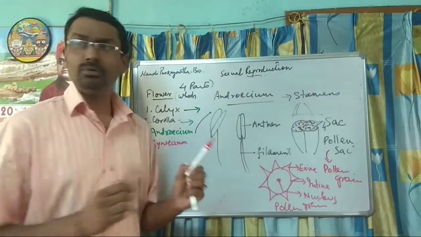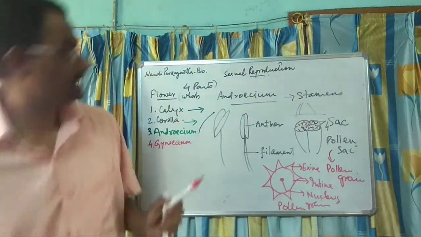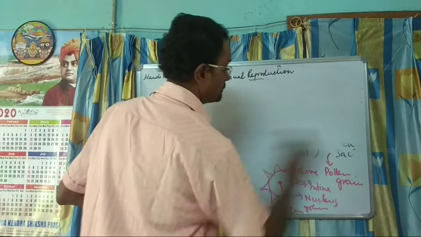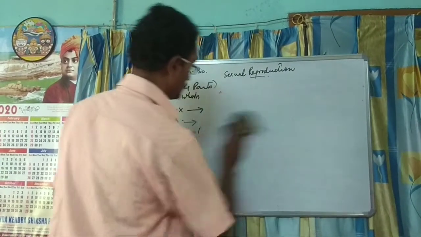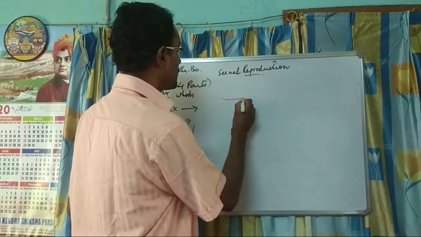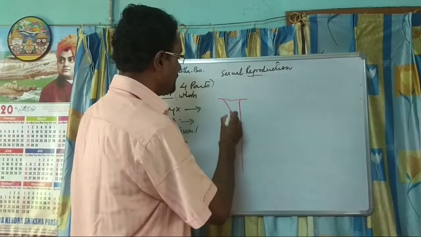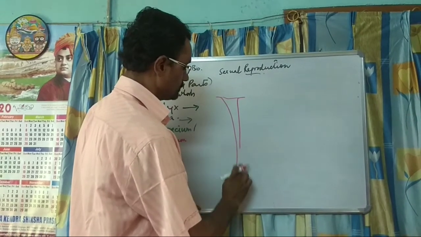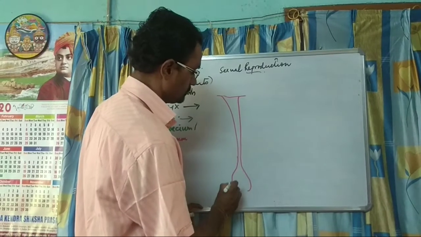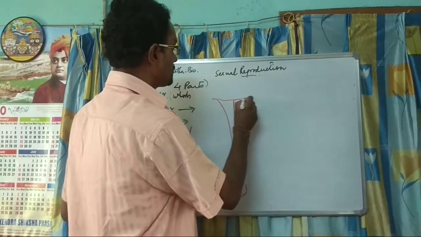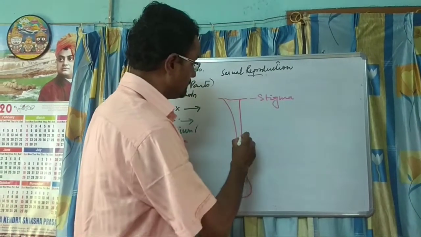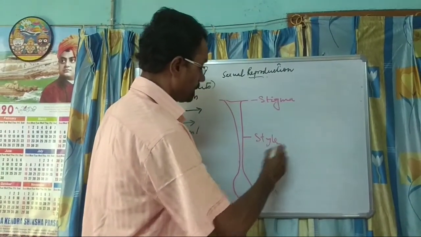So let's now move to the gynoecium part, the last one. Gynoecium has mainly three parts: stigma, style, and ovary.